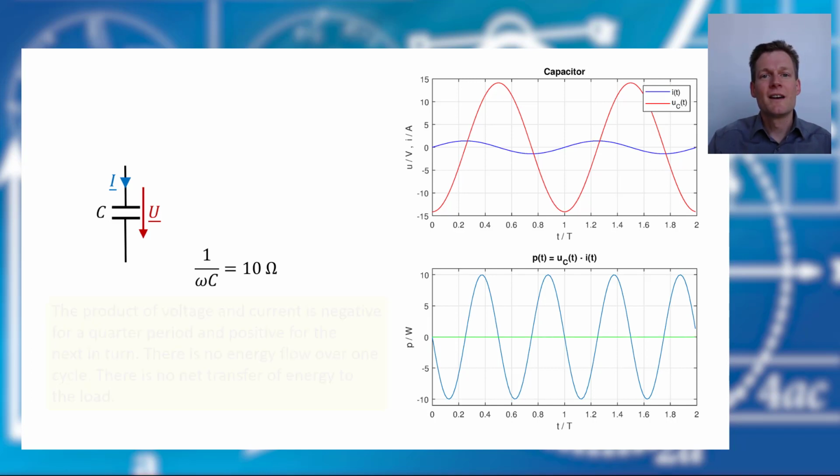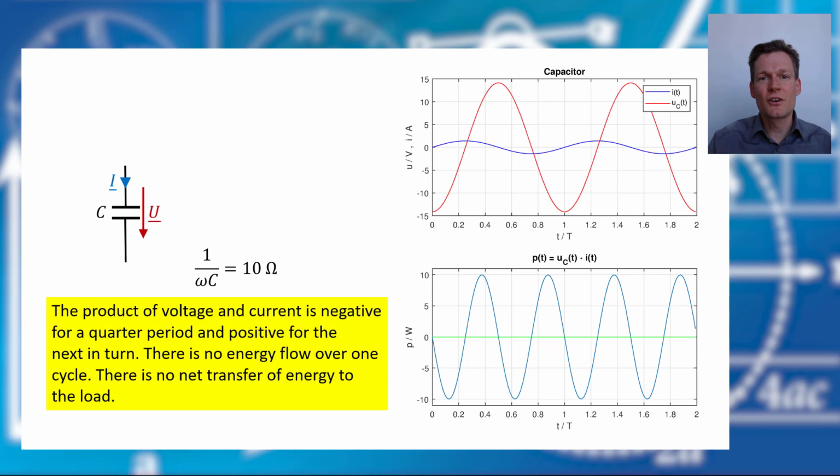And that means, as before at the inductor, the capacitor stores energy in an electric field, and then this electric field gives its energy back to the electric network, and so on and so on. And that means that we don't have to pay for it if we connect a capacitor to our power net.